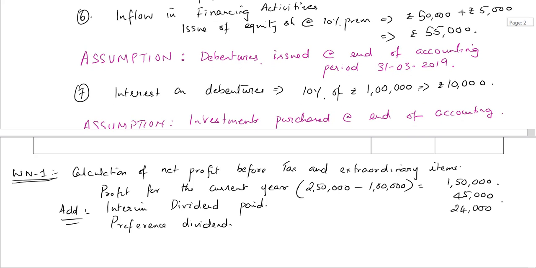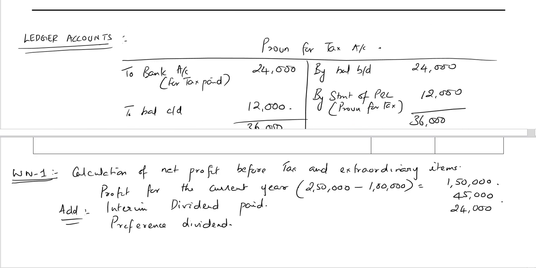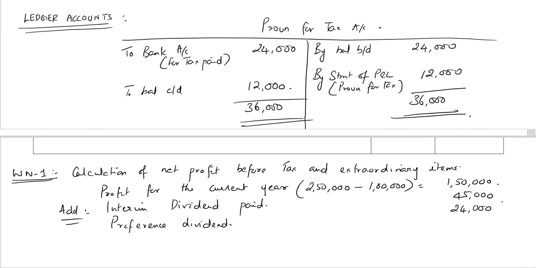Let's go to the provision for tax account that we've prepared, the ledger account. The provision for tax for the current year is 12,000 rupees. We need to add that also. Provision for tax, 12,000 rupees.